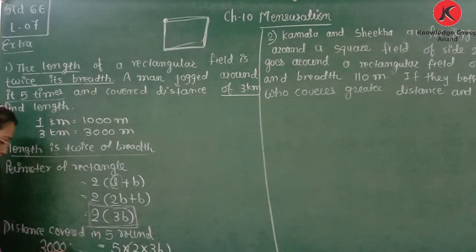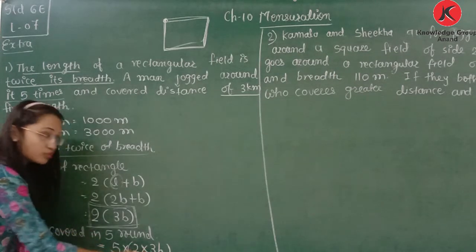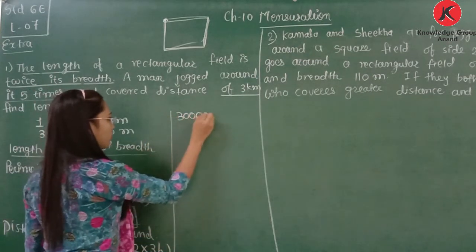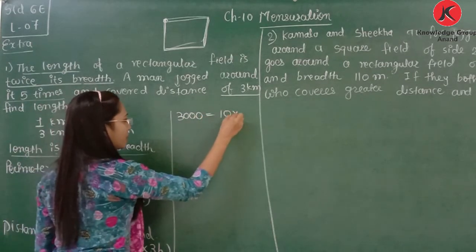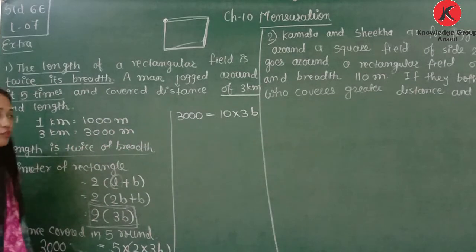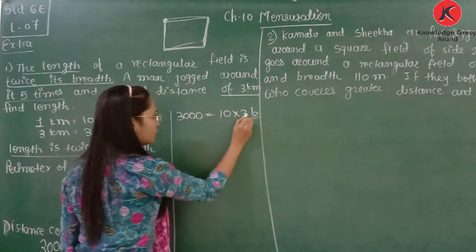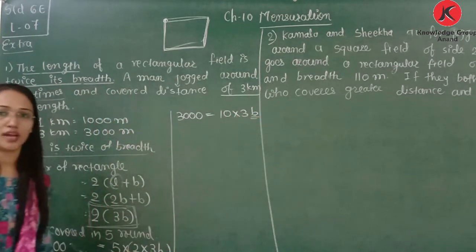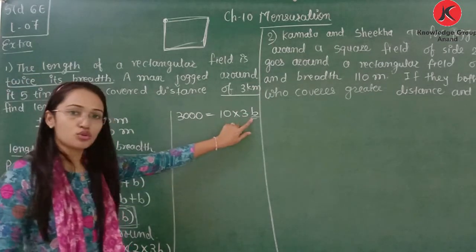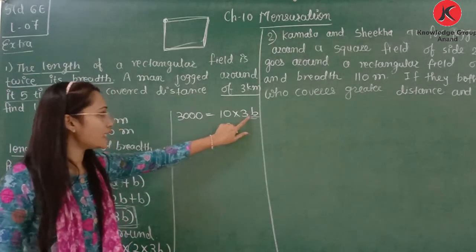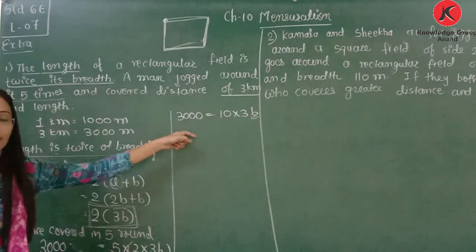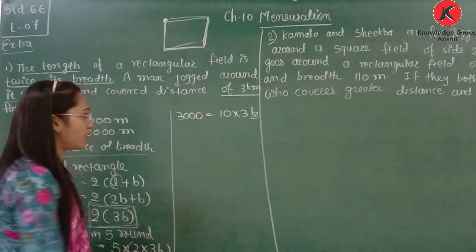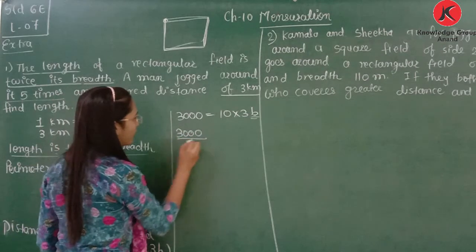The distance covered in 5 rounds is 3000 meters, which is equal to 5 multiplied by 2 multiplied by 3b. Now solve the equation: 3000 is equal to 10 multiplied by 3b. What do we need to find? The breadth. Take 3 and 10 to the right side, where they will be in the denominator, because the inverse of multiplication is division.